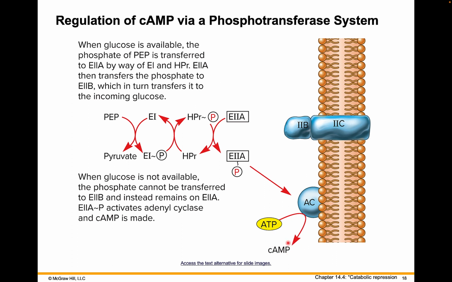Cyclic AMP is known as a second messenger molecule, which is a signaling molecule in the cell, and it will bind to another protein and direct it to a specific function or regulation. So when glucose is abundant, there is no cyclic AMP production. When glucose is not there, this is how cyclic AMP is produced.